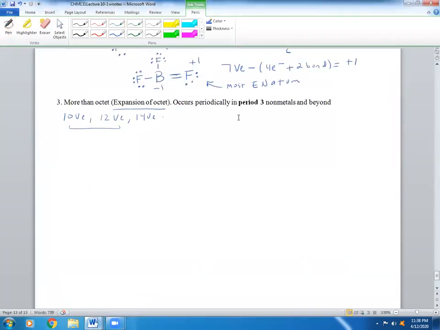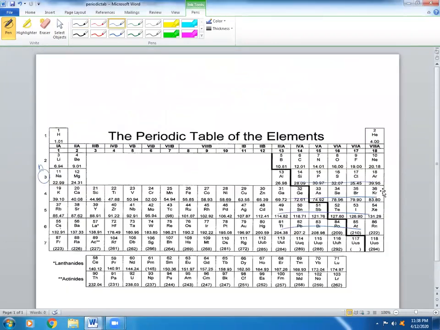So let's go back to this. Here's a primary example: PCl5. Let's draw it. P has 5 valence, Cl each has 7. Here, let's verify.